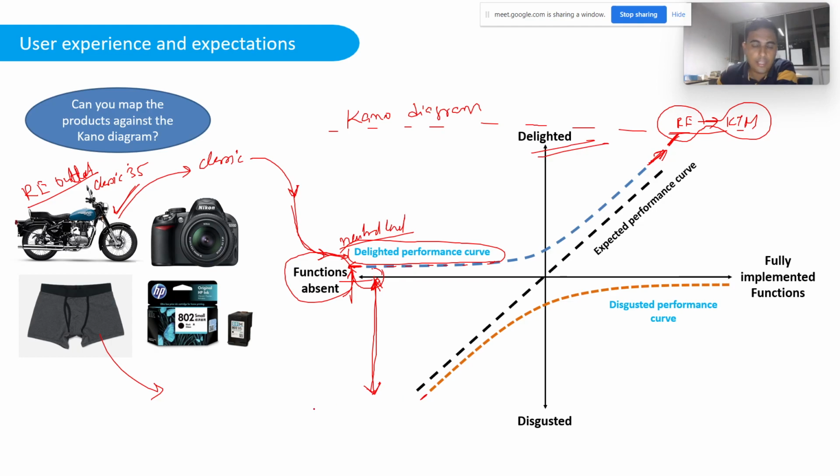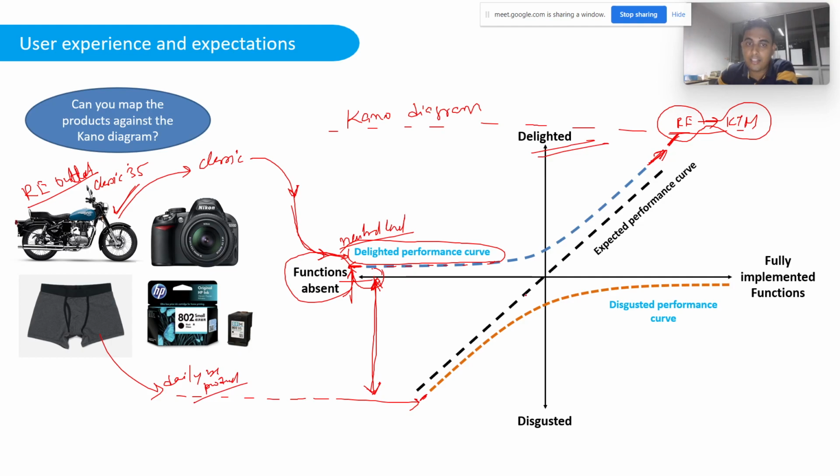Okay. Actually, it's not the black one, and I'll tell you why. First, I will tell you that this actually represents the orange curve. Why? Because this comes under your daily use products.